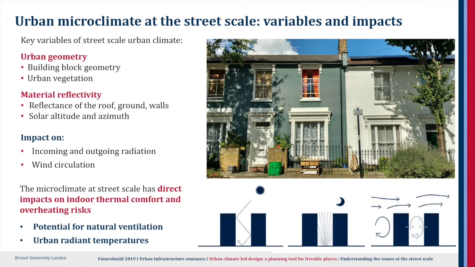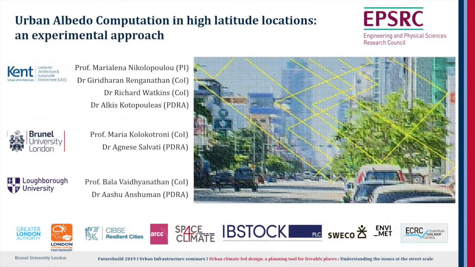On the other hand, the material properties affect the amount of solar radiation that is actually absorbed or reflected toward the sky. So the combination of these two variables determines the so-called energy balance of an urban space and the wind circulation, and thus affects the potential for natural ventilation of buildings in urban areas and the radiant environment that also has an impact on the comfort, indoor and outdoor comfort.